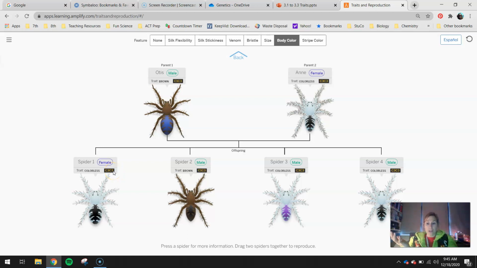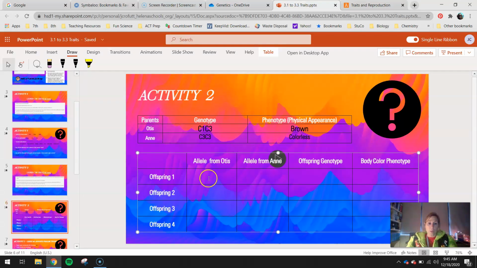Where did it get its other C3 from? From dad. Notice that the dad still has a C3 there. So from dad he got a C3. From mom he got a C3. The offspring's genotype was therefore C3C3, one from mom, one from dad. And the phenotype was colorless.